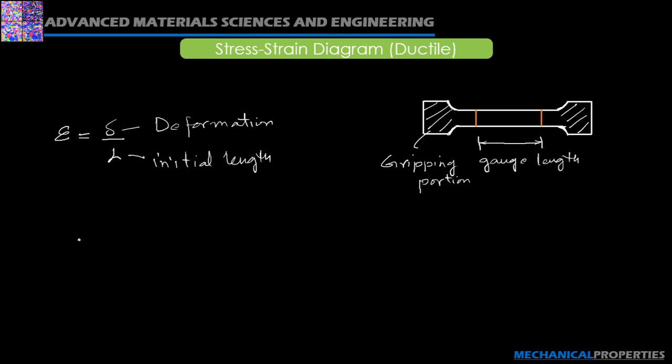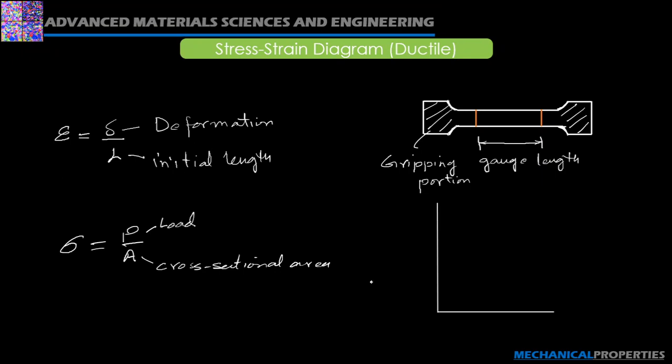And likewise the stress is calculated using this expression, P upon A. This P is the load, the applied tensile force, and this A is the cross sectional area of the specimen.